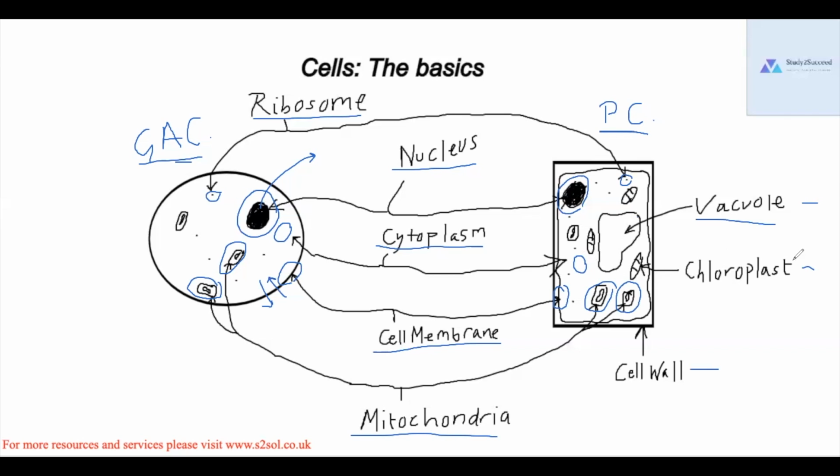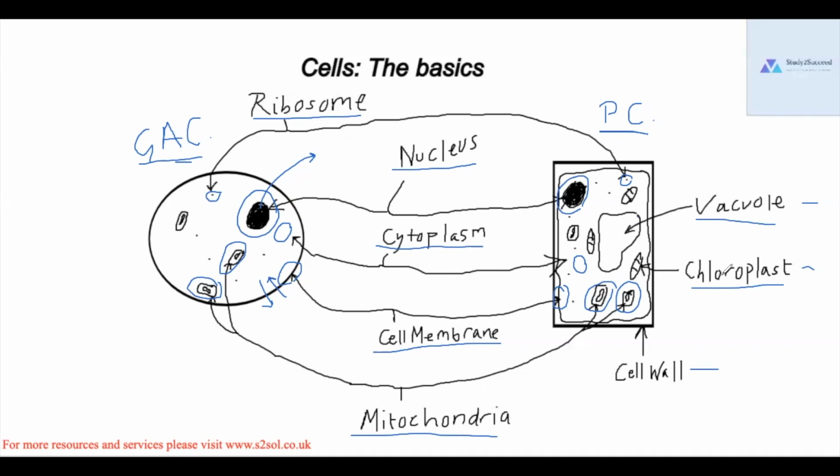The next structure that we have is the chloroplast. And the chloroplast is a super important organelle in a plant cell, as it provides not only the plant and structures with its color, but also allows a plant to do something very special, something that animals can't do. And this is the process of photosynthesis.